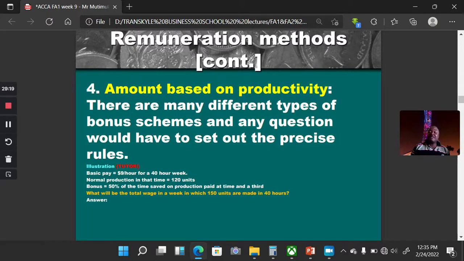But in this case, the basic pay is $9 per hour for a 40-hour week. Normal production in that time is 120 units. Bonus is 50% of the time saved on production, paid at time and a third. What will be the total wage in a week in which 150 units are made in 40 hours?